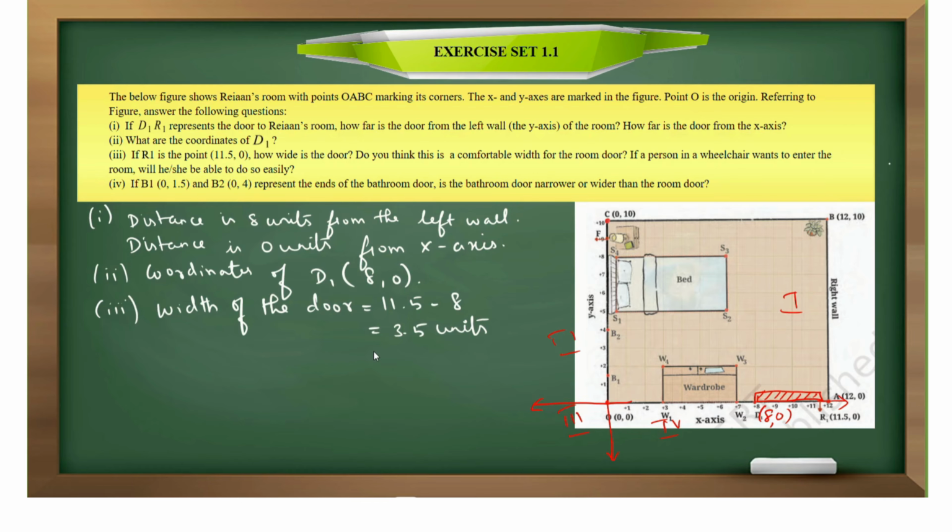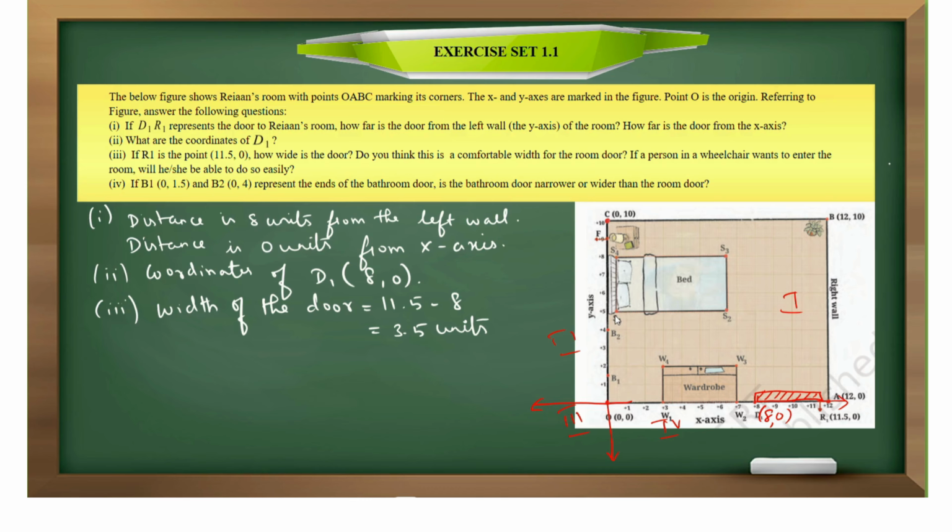Now the next question is, do you think this is a comfortable width for the room door? Yes, obviously, because when they are placing a bed, the bed width is from 5 units to 8 units, which means 3 units is the width of the bed. So this door distance is 3.5.